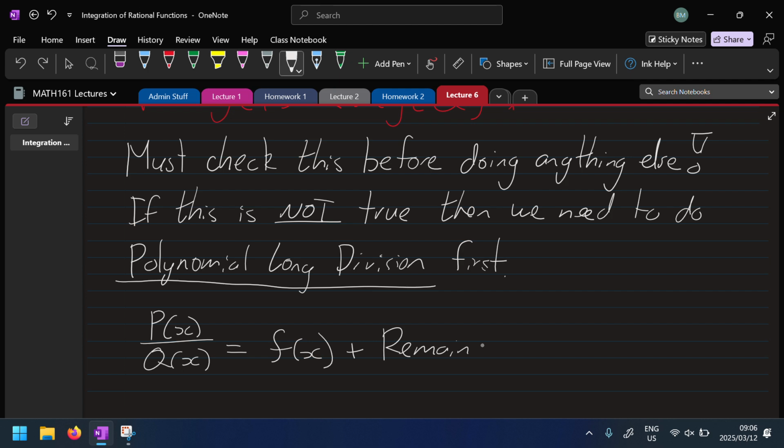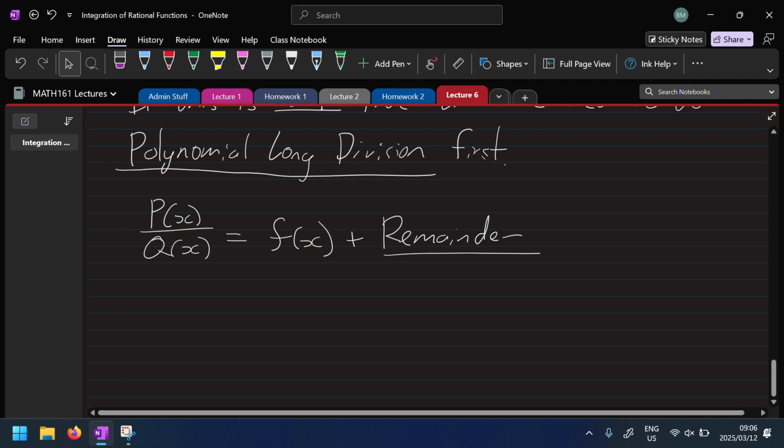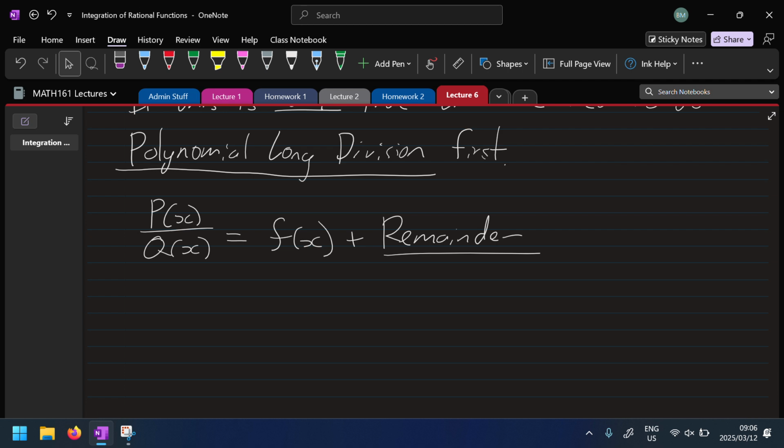So this polynomial long division is going to give us this whole number part, the f of x, and whatever the remainder is. For example, like I said, that 5 over 3, we can write this 5 at the top as 3 plus 2.